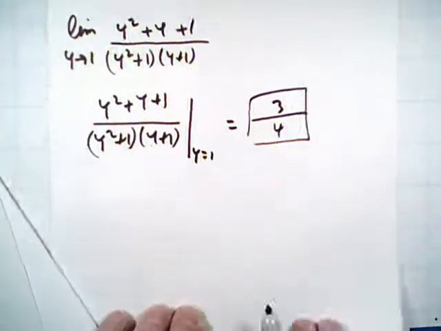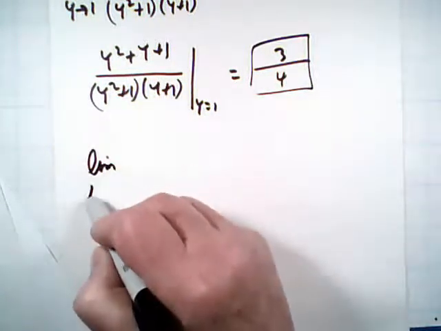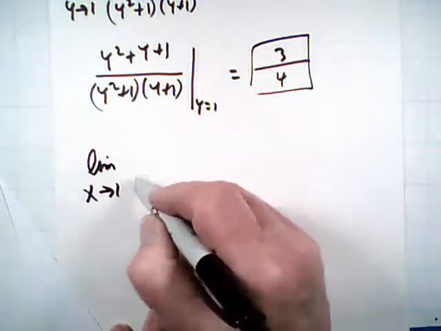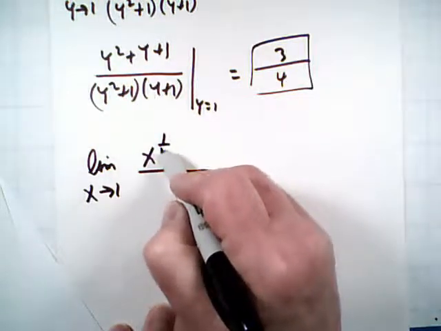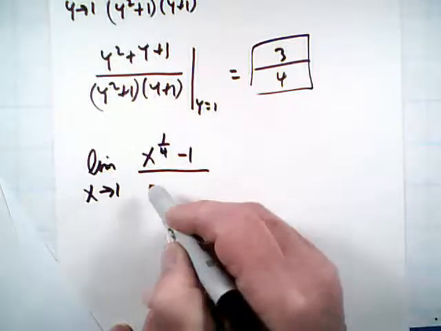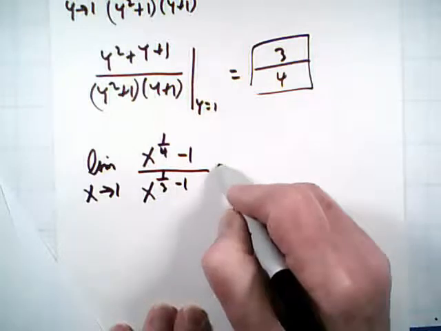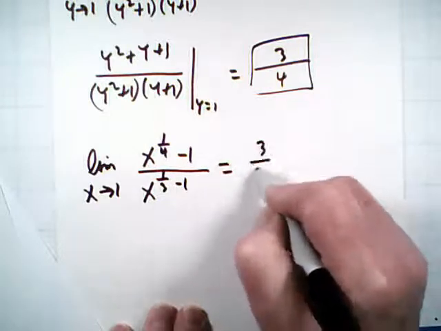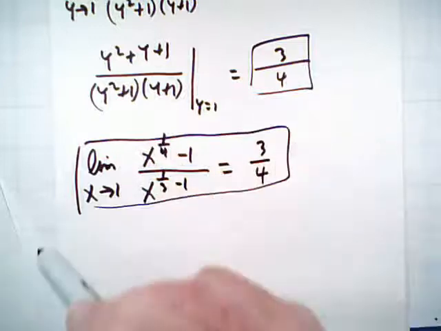Rewrite it in the form of the original problem. It is the limit as x goes to 1 of x to the 1/4 power minus 1 divided by the quantity x to the 1/3 power minus 1, and that is equal to 3/4. And that is the solution to our problem.